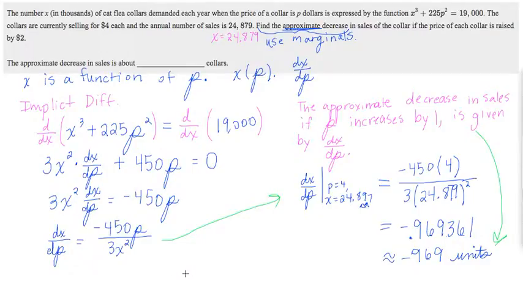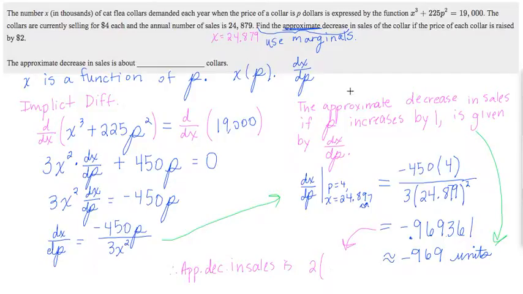Therefore the approximate decrease in sales is 2 times that answer. Now, notice if we multiply 0.969361 times 2, we're going to get a slightly different answer than if we multiply negative 969 by 2, because the 3 rounds up. So I'm going to use the unrounded version here.